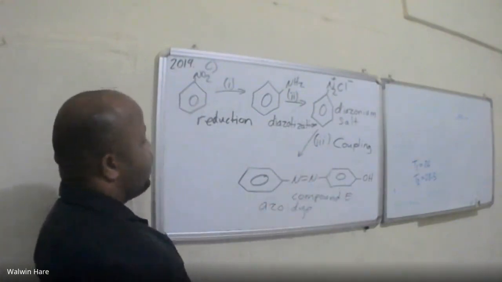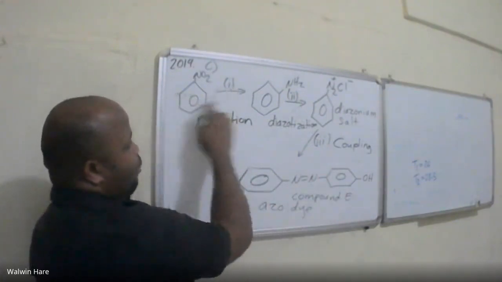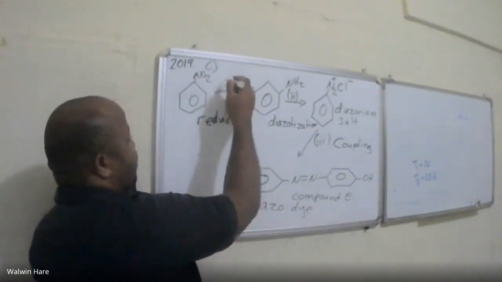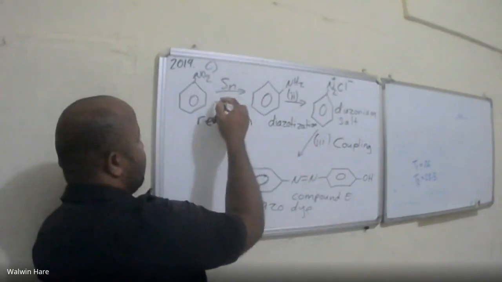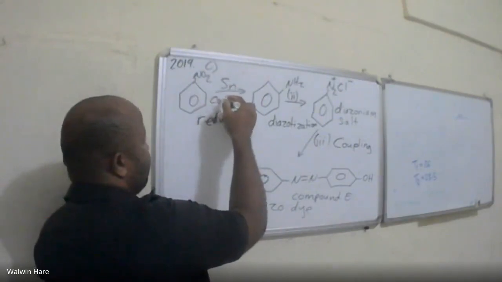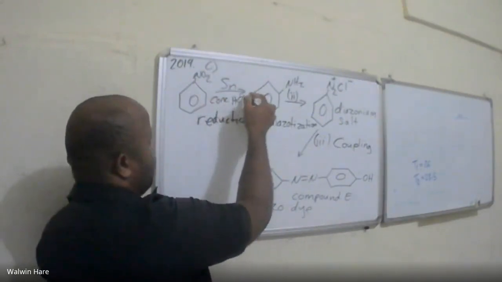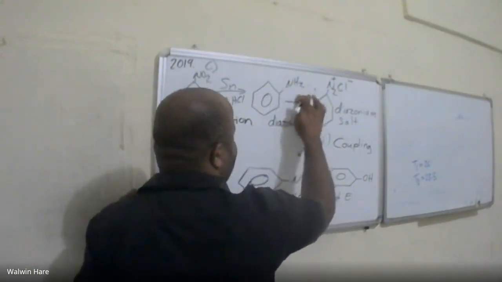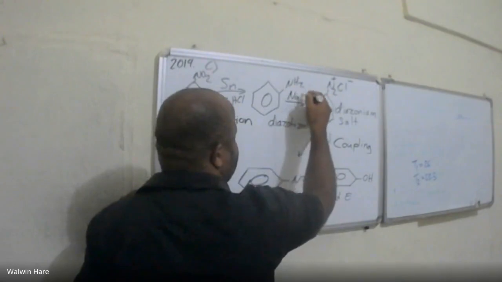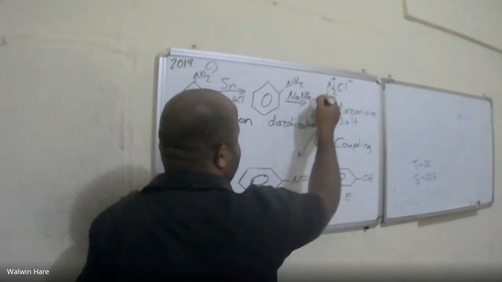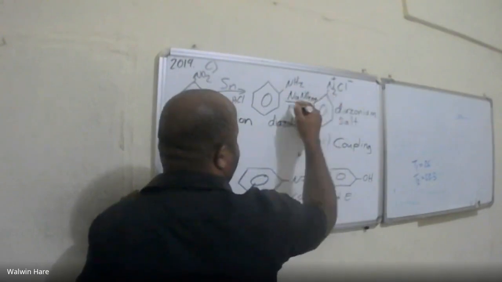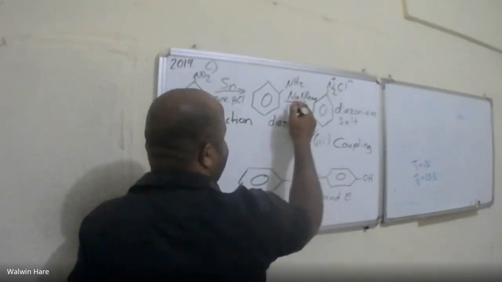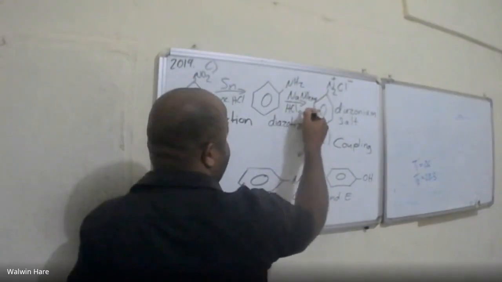So for the reagents for reduction of the nitrobenzene to phenylamine, we know it's tin and concentrated HCl. And for diazotization, we use sodium nitrite and HCl to generate our nitrous acid for the reaction.